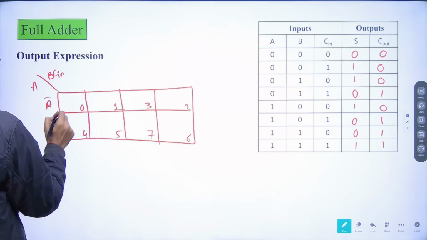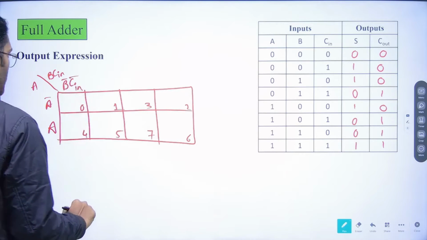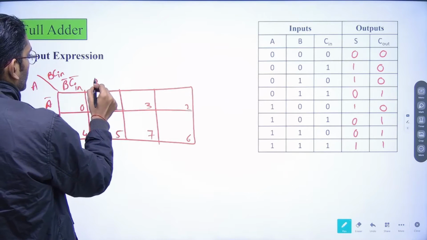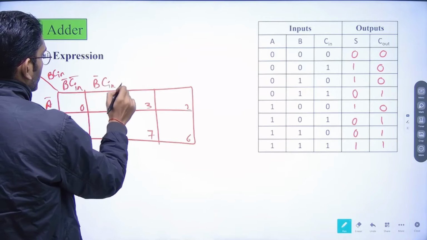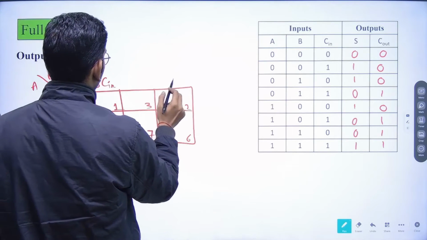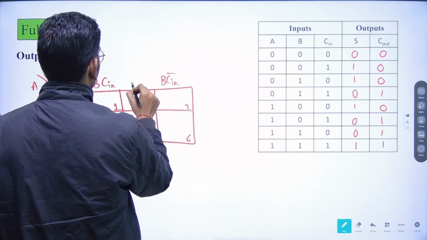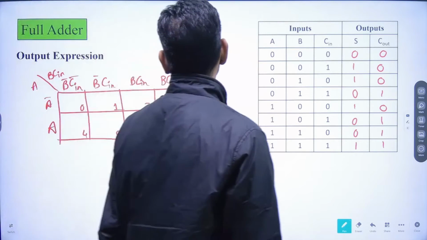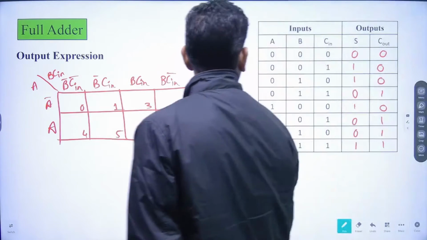So we have 0, 0, 0, 1, 1, 0, and 1, 1. So this is the basic thing.